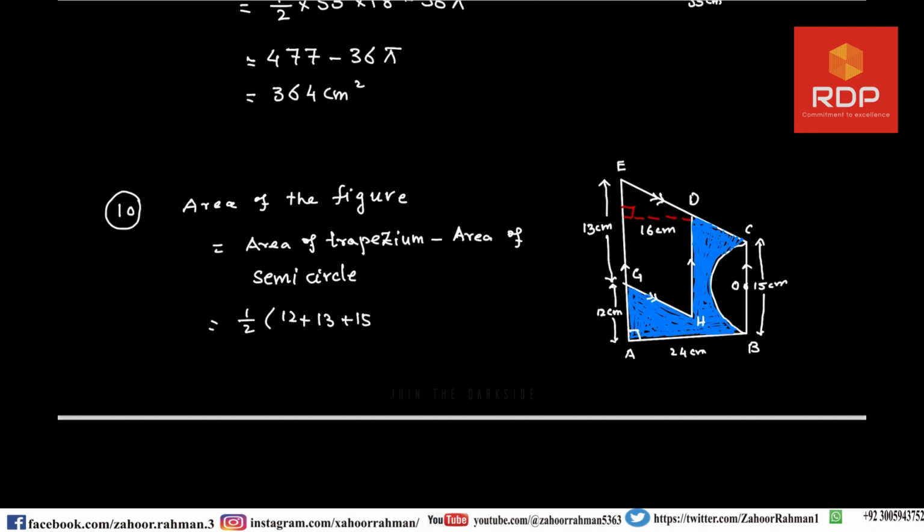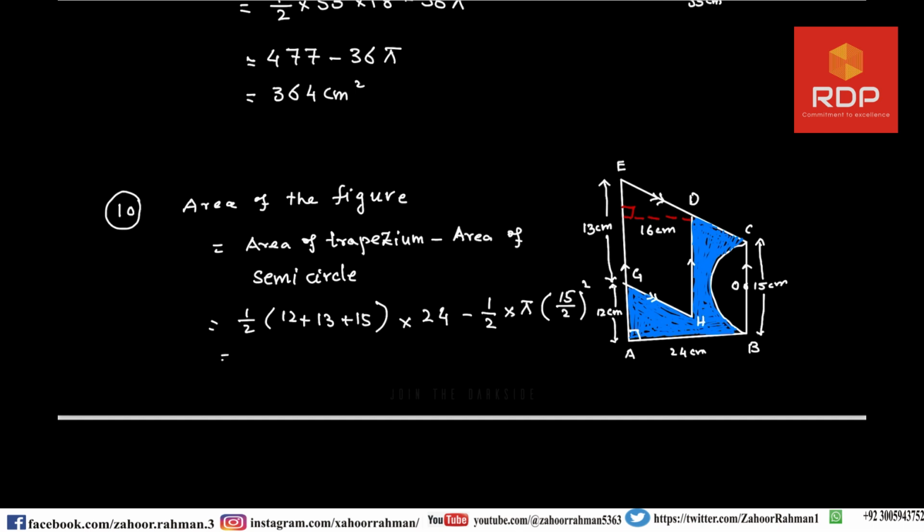These are the three parallel values into height, which is given as 24, this one, and then we have to subtract the semicircle, and that will be pi into diameter, which is given as 15, so we have to divide it by 2 and then take the square.